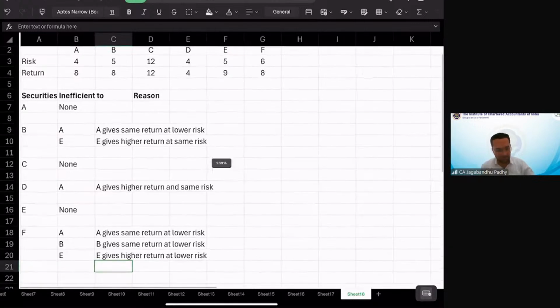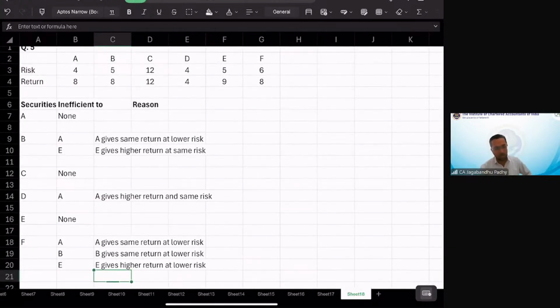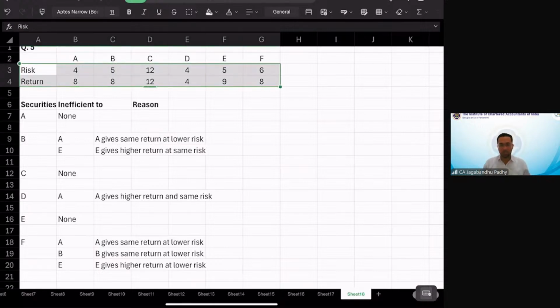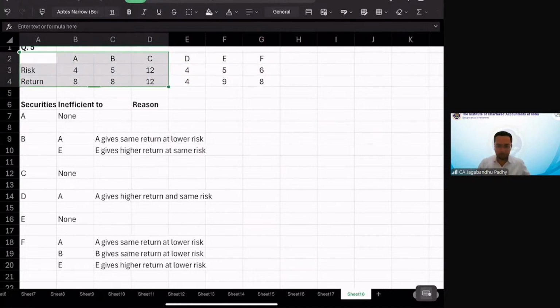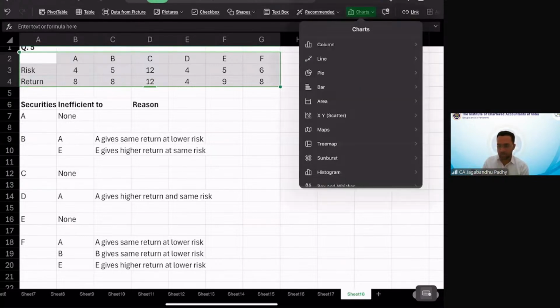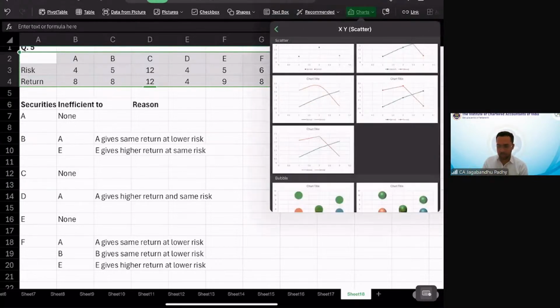So which of these securities are inefficient? Securities B, D, and F are in total inefficient. And if you want to check which ones are inefficient graphically also, we can understand this by way of a scatter plot also.